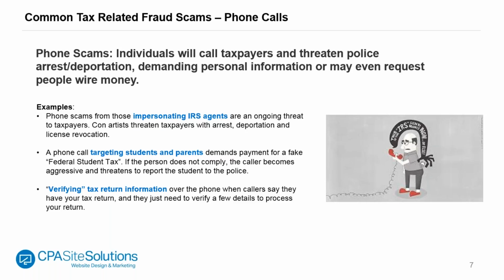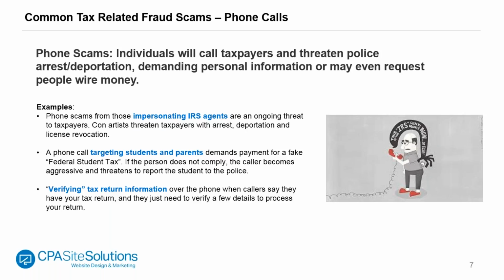Some of the most common tax-related fraud scams, and surprisingly so, is still, number one, phone calls. This is where a taxpayer will get a call, and the person will threaten police arrest or deportation, demanding personal information or a wire transfer of money.